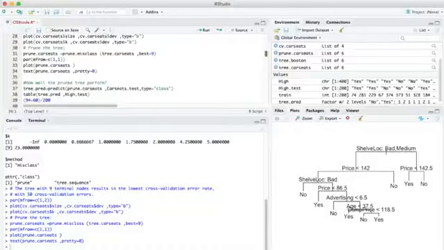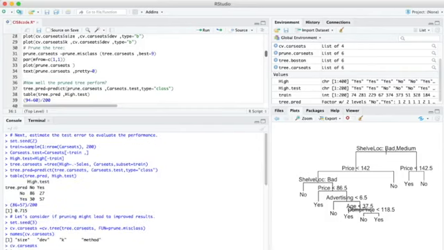Okay, so next we want to know how well the pruned tree performs. Just now, if you look at the original one, we had a predictive accuracy equal to 0.715. Remember, this is not the misclassification rate. This is the correctly classified proportion.